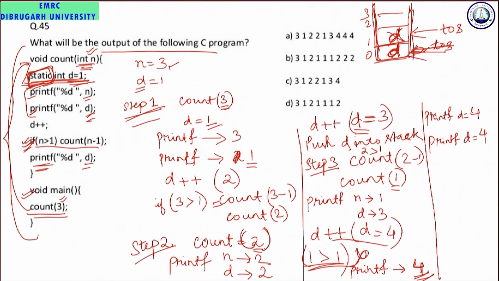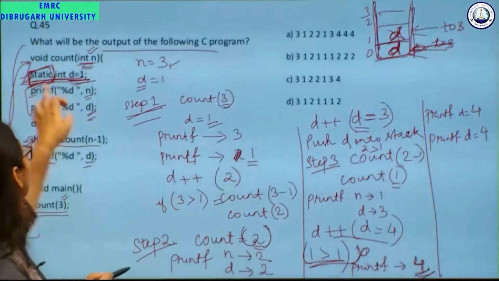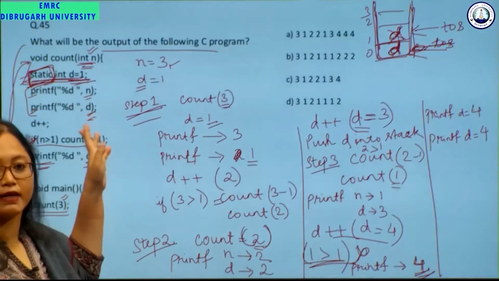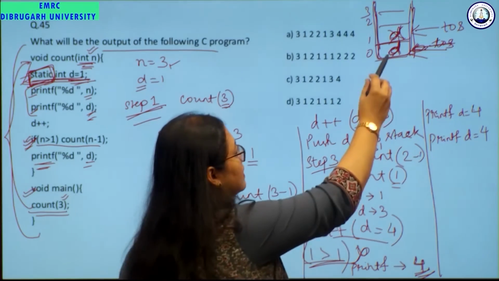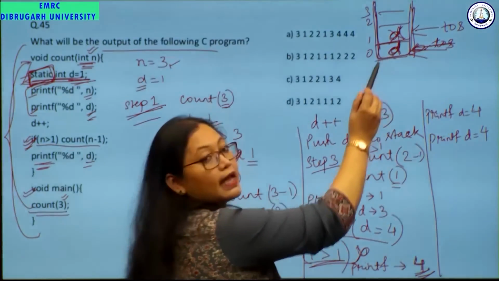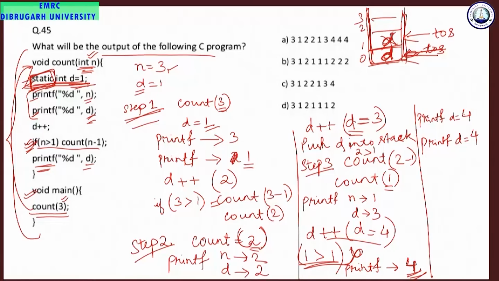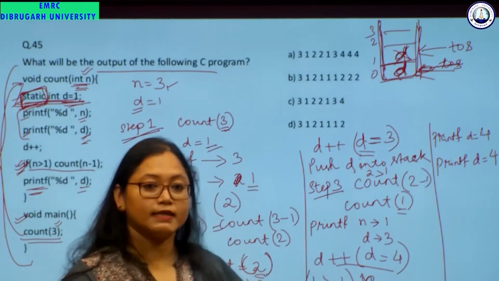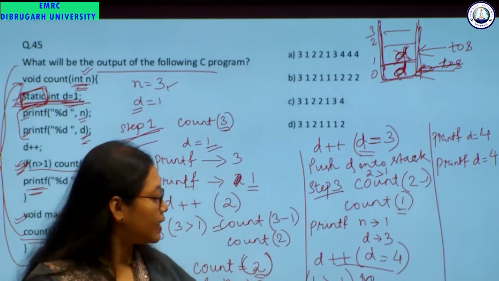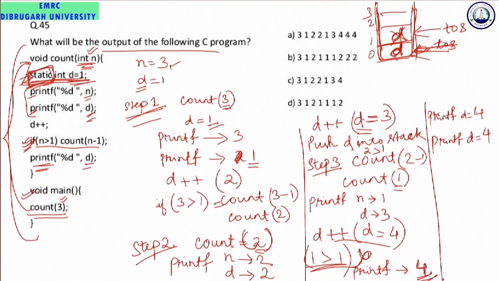So, what I would like to say is that if instead of static you had declared auto, then whatever value of d you had inserted at that time, that value would be returned. But as it is declared static here, the latest updated value of d is what the result will be.